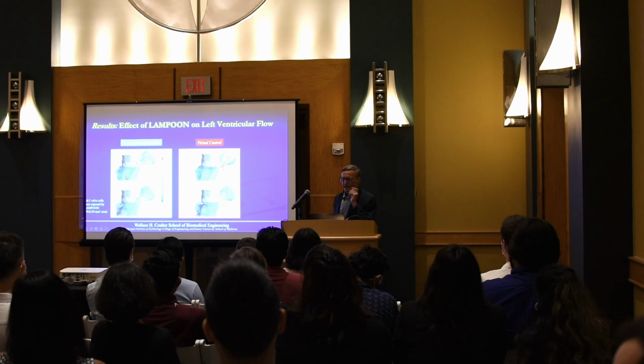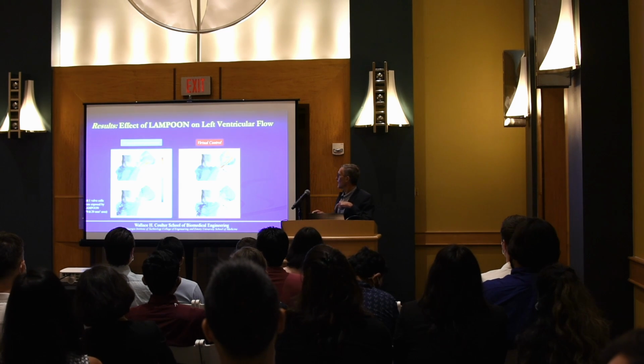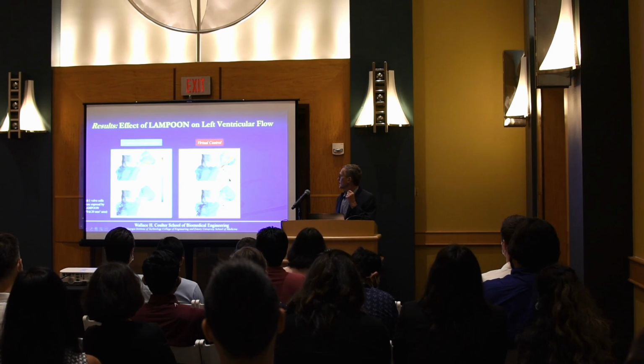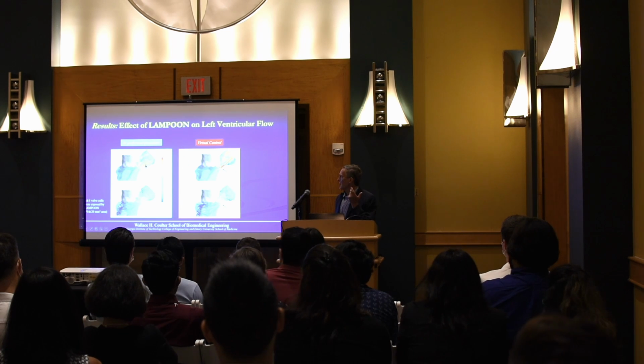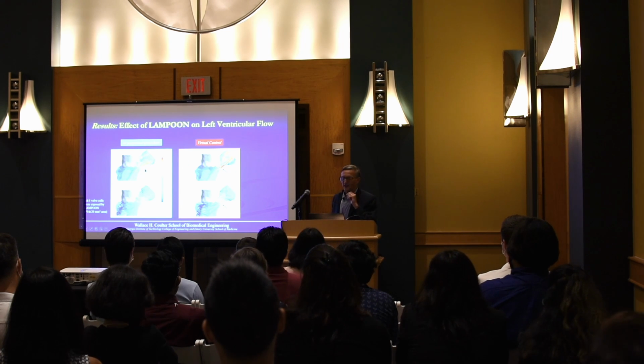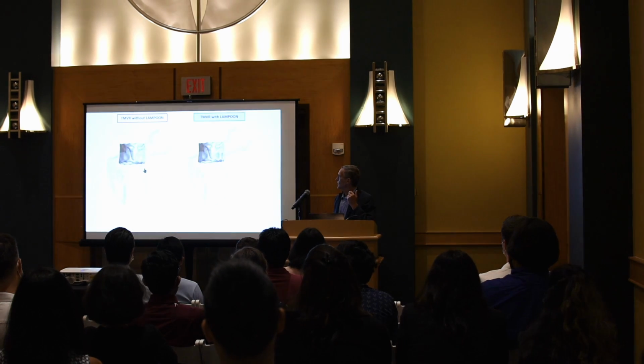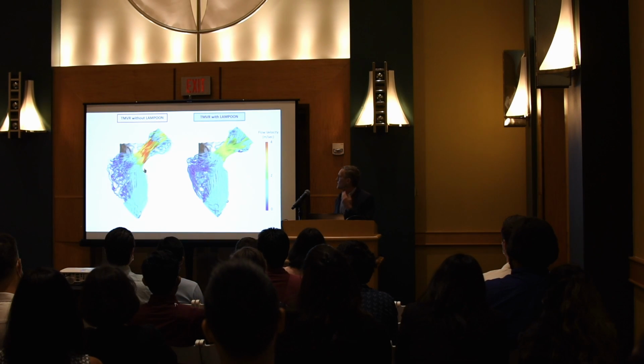And in the virtual control, when we cover them up, the neo-LVOT now has much higher velocity through it. So increased velocity is obvious from this because the area changed when we exposed those cells.